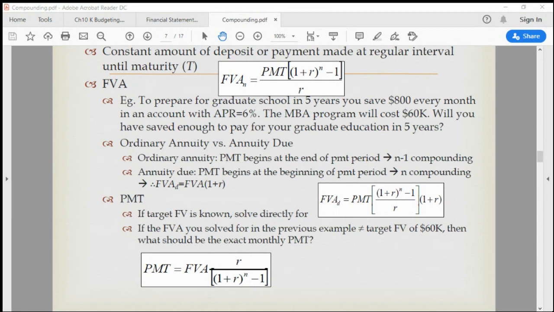Why? Because the money you deposit comes from your paycheck from your part-time job, right? And you get paid at the end of the month, or bi-weekly. That means you're getting paid at the end of each 2 weeks.